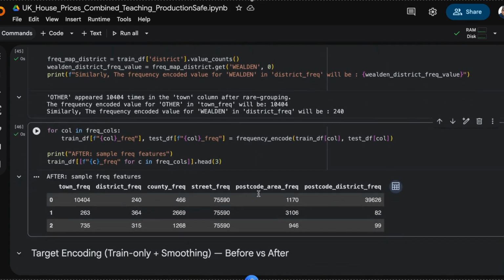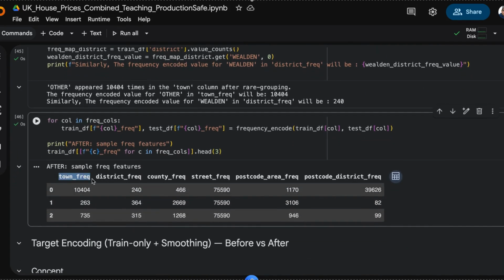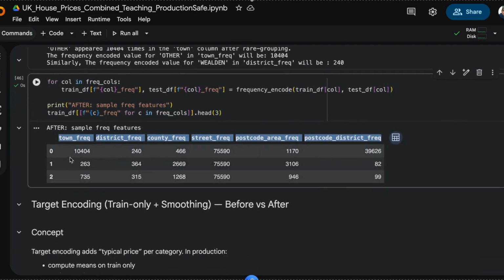After applying frequency encoding, we now have new columns: town frequency, district frequency, county frequency, street frequency, postcode area frequency, and postcode district frequency. Each row now contains a numeric representation indicating how common its category is in historical data.